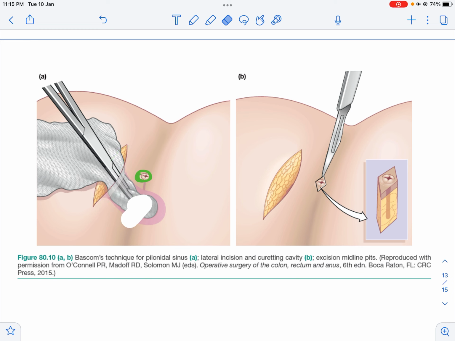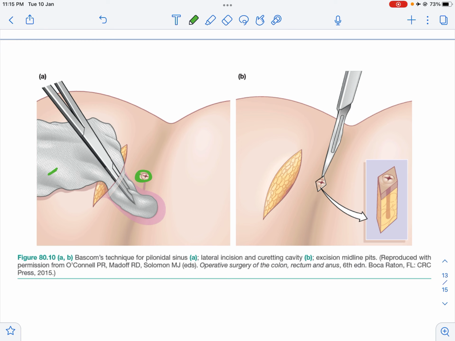As you can see over here, this is a gauze piece which is being pushed into the sinus via an artery forceps. This gauze piece curettes, that is, it removes all the hair and the granulation tissue. Then this portion is excised.